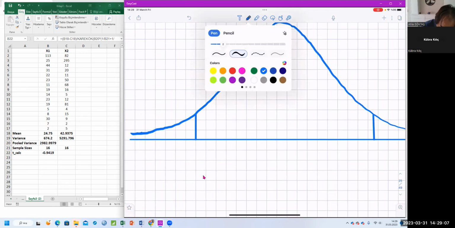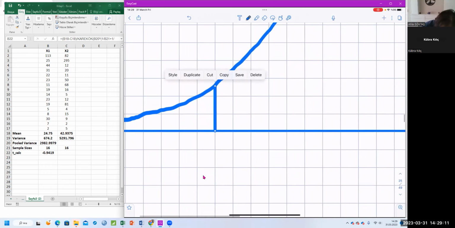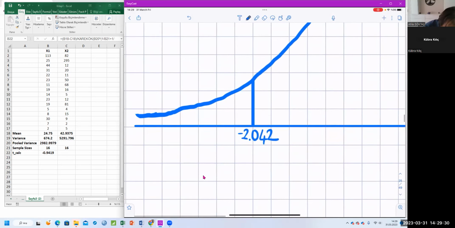Okay. This is minus 2.042. This is the place to reject the null.